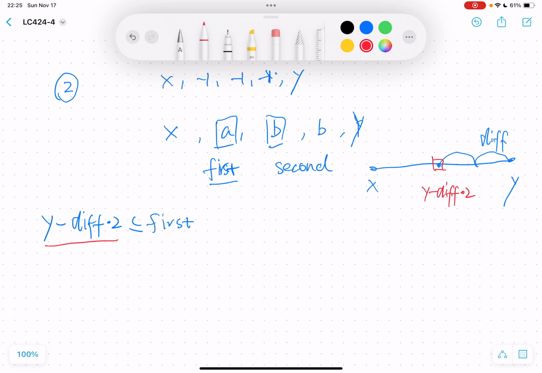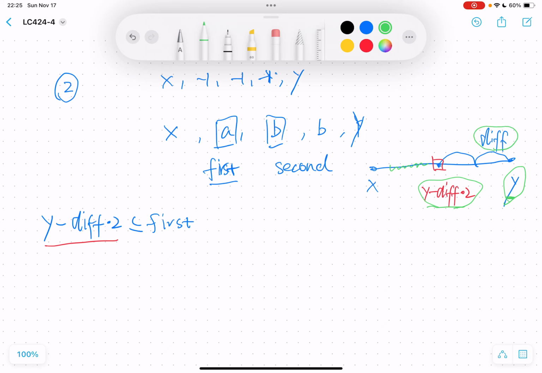If we choose a value in this interval, we will find that the gap between the current value we choose and y is larger than diff multiplied by 2. Even if we insert another value between the current value and y, the diff definitely will be larger than the diff value.